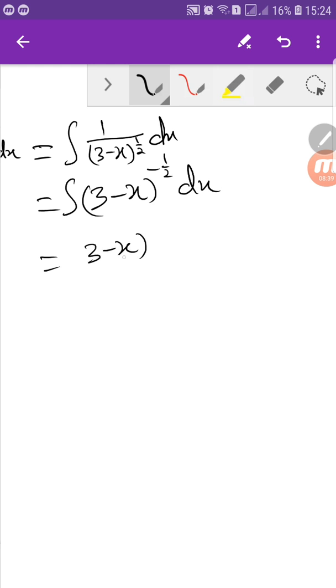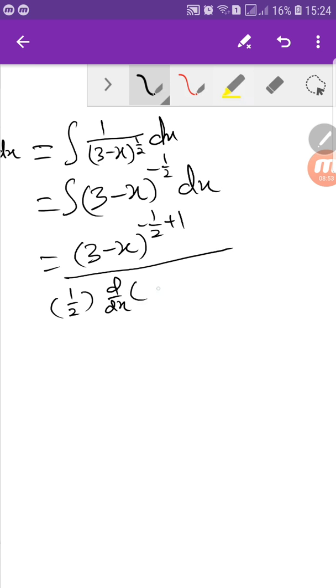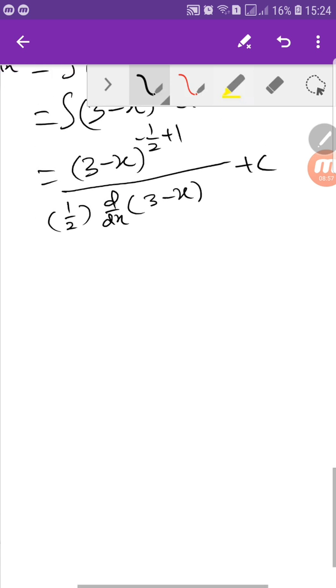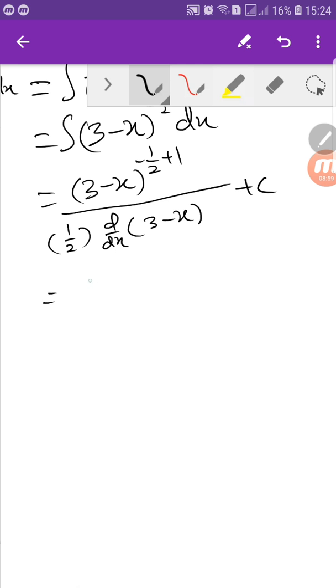So copy paste the bracket, power more by 1, divide by the new power. So minus half plus 1 is half. Please, don't use a calculator, you can do it mentally. So (3 minus x) to the power of half, and then divide by half.